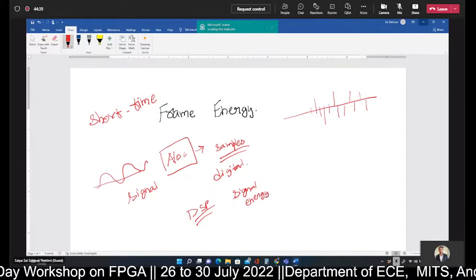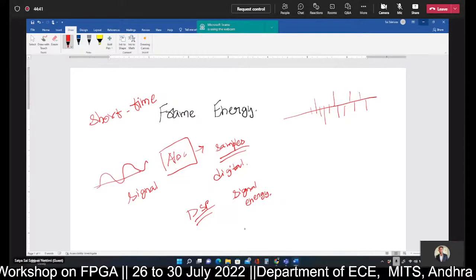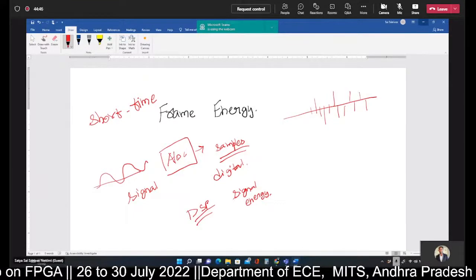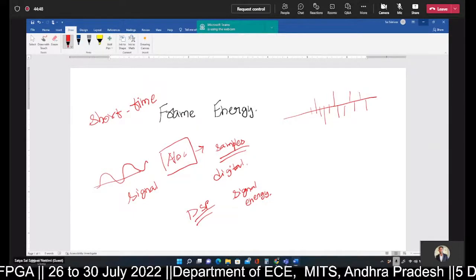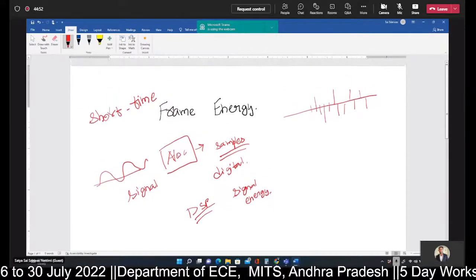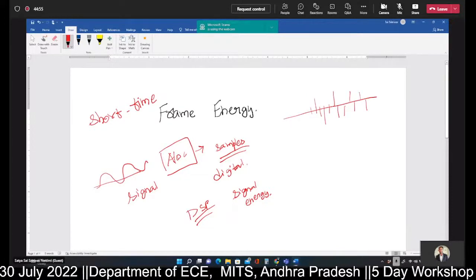The signal length will be infinite. If you take speech signal processing, for example, how is a speech signal processed?